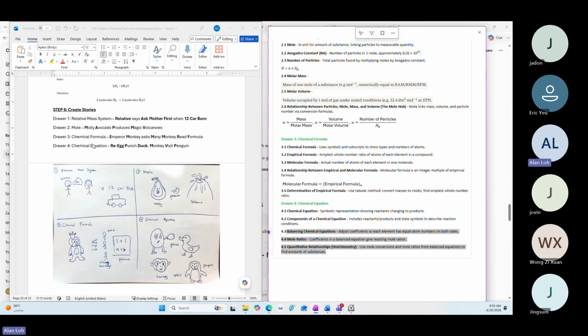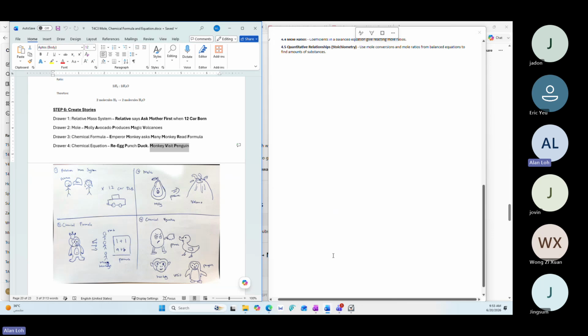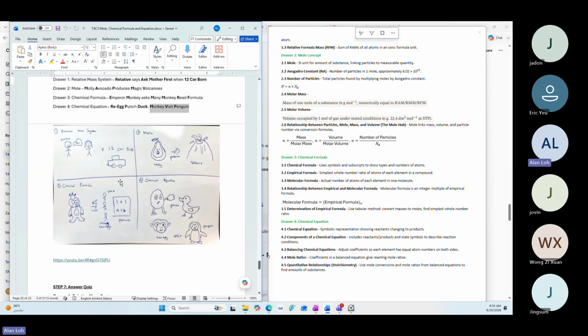I think we see it from step 3 and step 4. There's this equation that has some chemical formulas combined to be equations. And there are two parts in the equation: you have reactants and you have products. Let me try to remember what this monkey visit penguin is again. Okay, it's okay. Now, that is step 6.